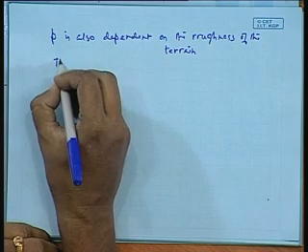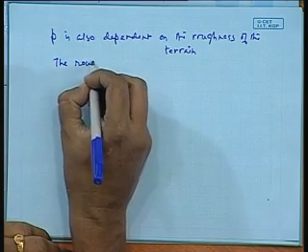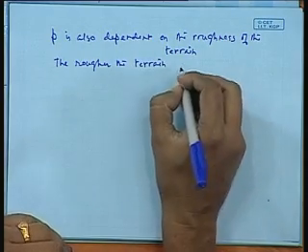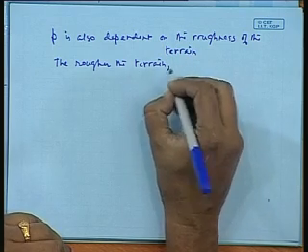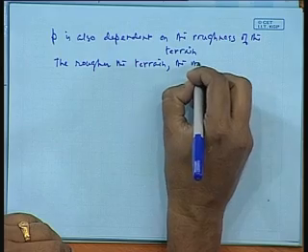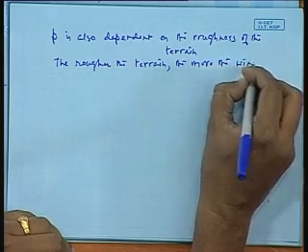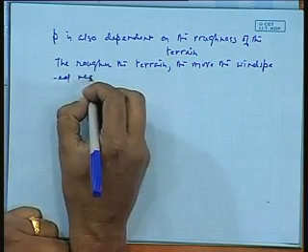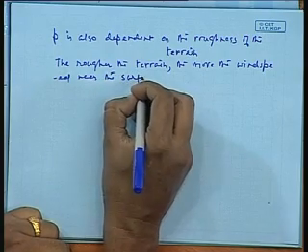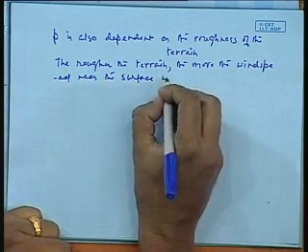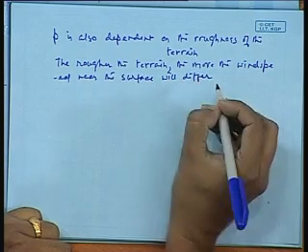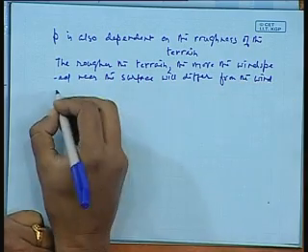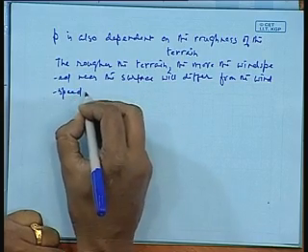The rougher the terrain, the more the wind speed near the surface will differ from the wind speed higher up.